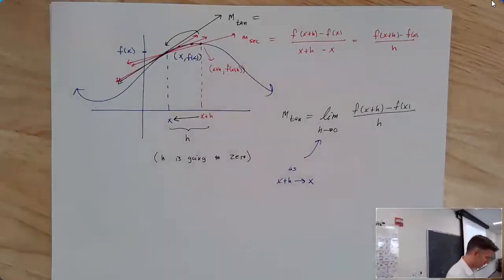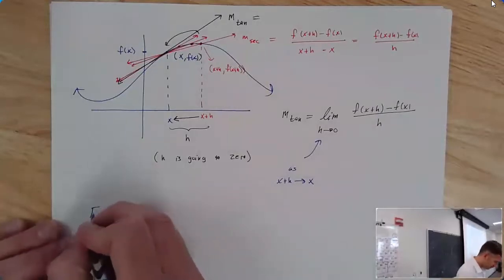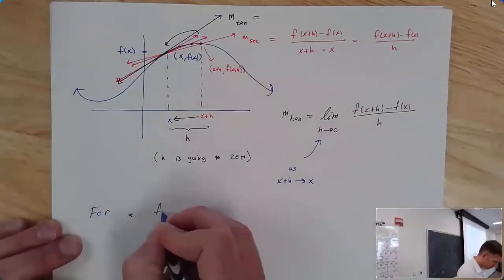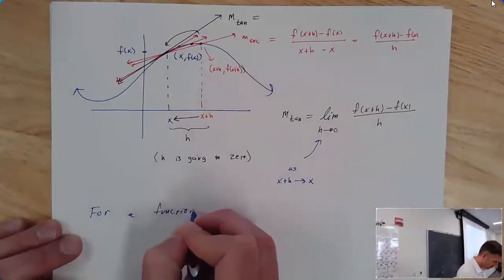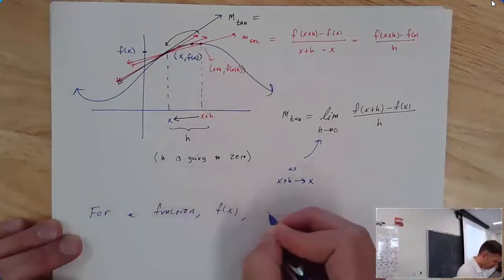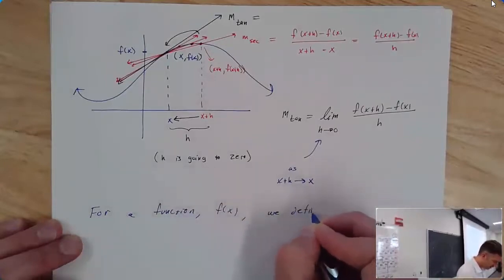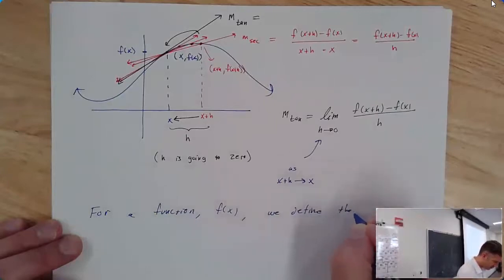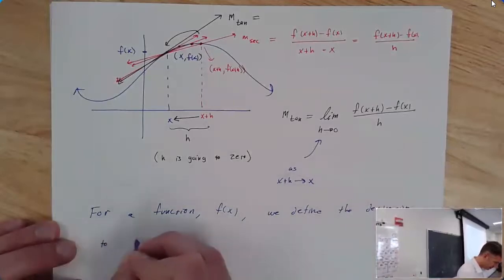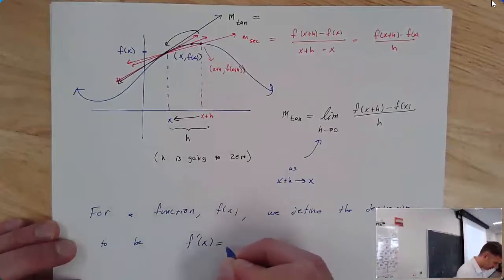So what I'll say is, for a function f of x, we define the derivative to be f prime of x equal to this limit.